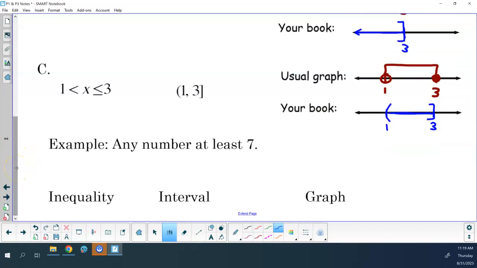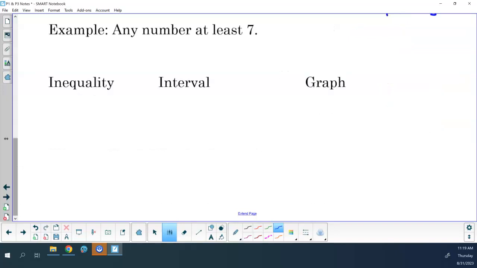Now, get you guys into this one: you come up with an inequality, the interval notation, and the graph for the phrase any number at least 7. You come up with my inequality, interval, and my graph.